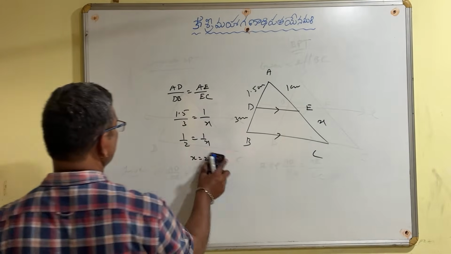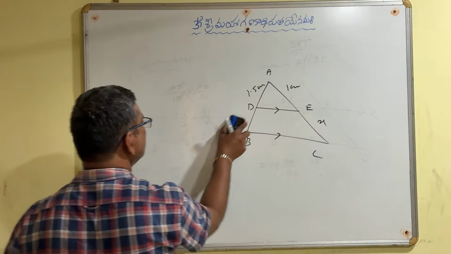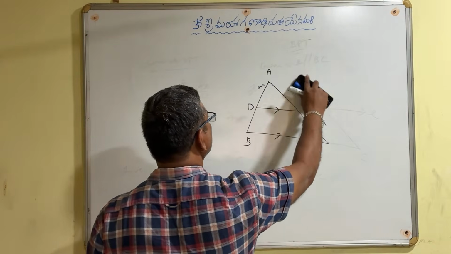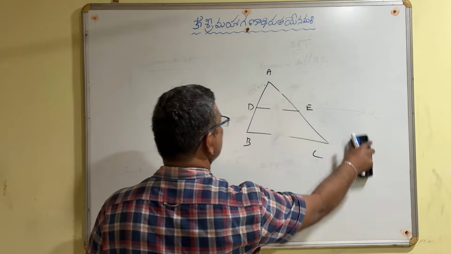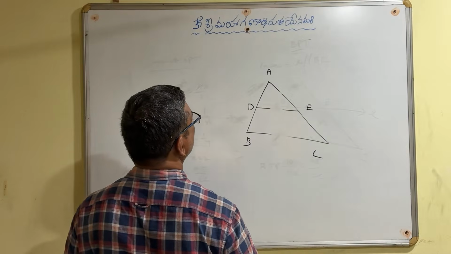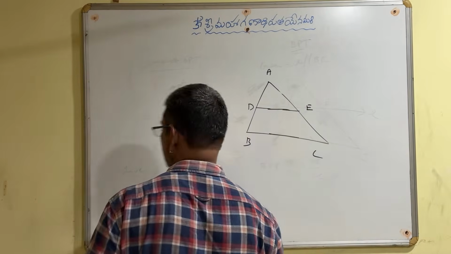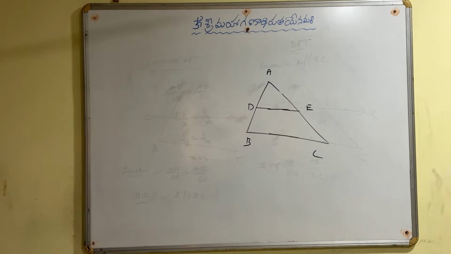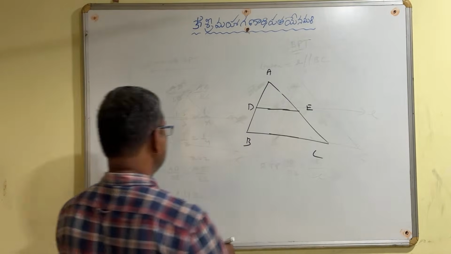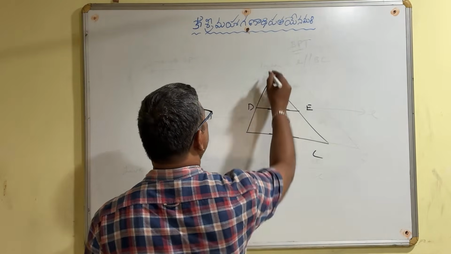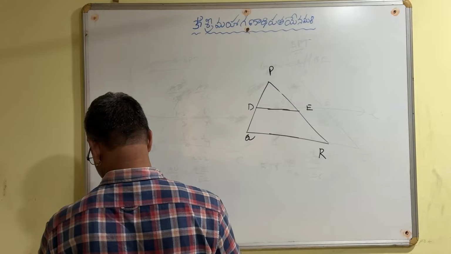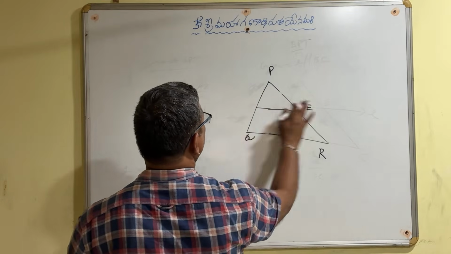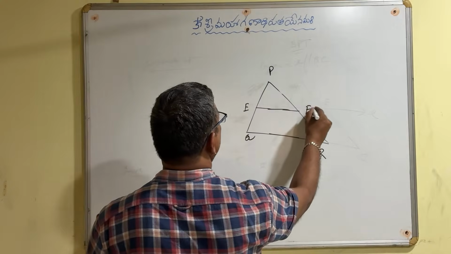Now, next question. Let this triangle be PQR, and let the line be EF.